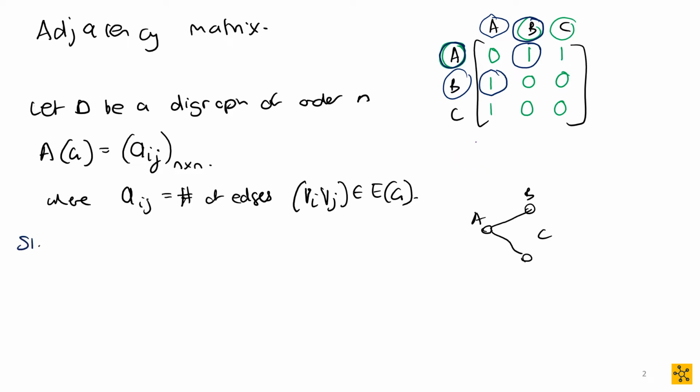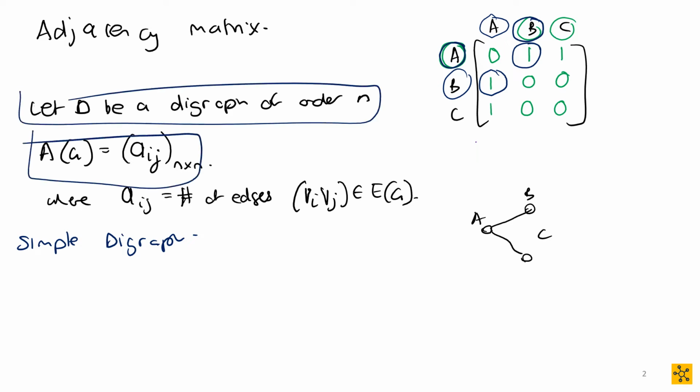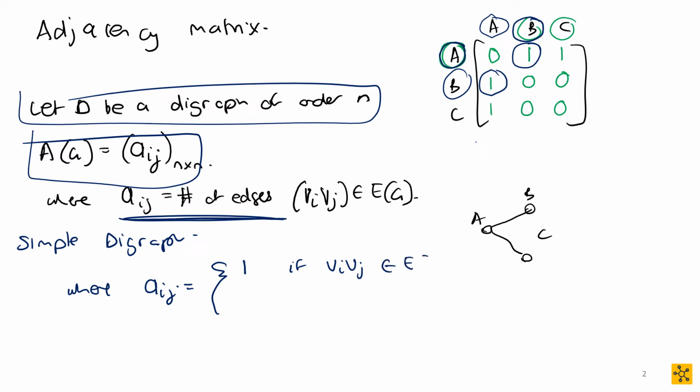So for a simple digraph, we still have this part, and then we restructure this here, where Aij is equal to 1 if ViVj is an element of the edge set, and 0 otherwise.